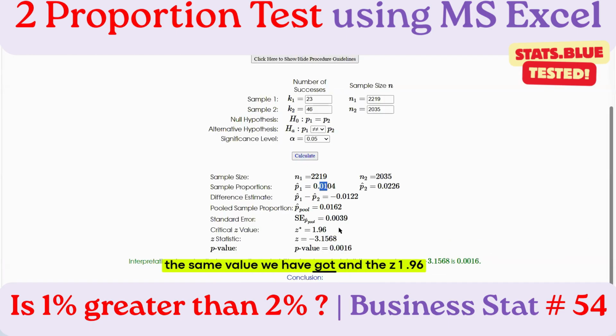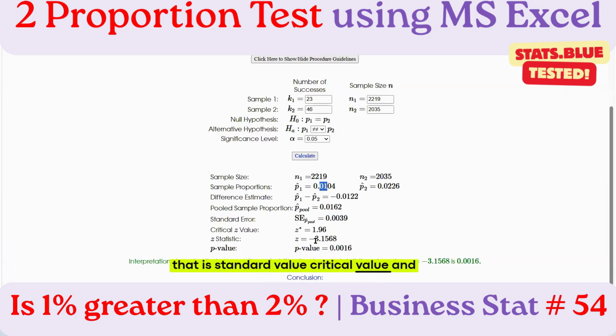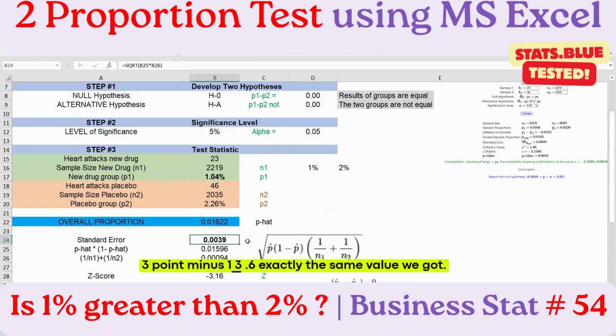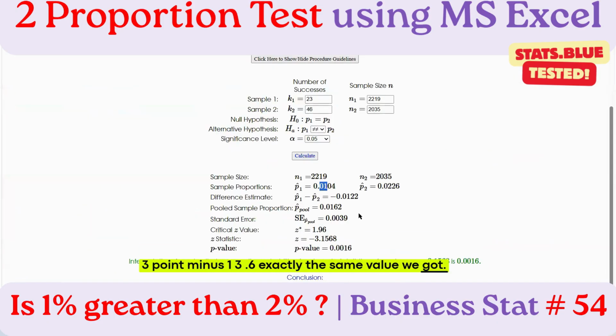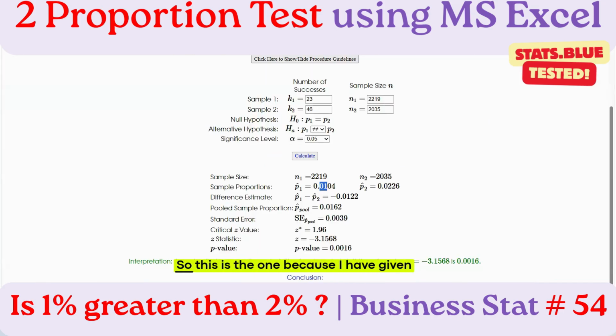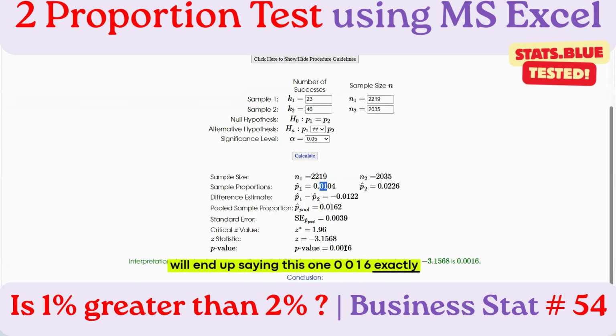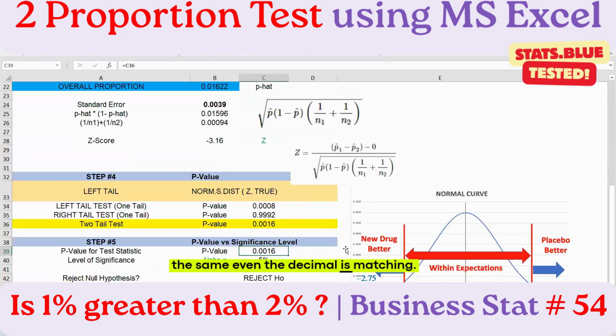The same value we have got, and the z 1.96, that is the standard critical value, and minus 3.6, exactly the same value we got, and the p value 0.0016, exactly the same value we have got. Because I have given it in percentage, if you wanted to get rid of the percentage and go back to 0, you will end up with 0.0016, exactly the same. Even the decimal is matching.